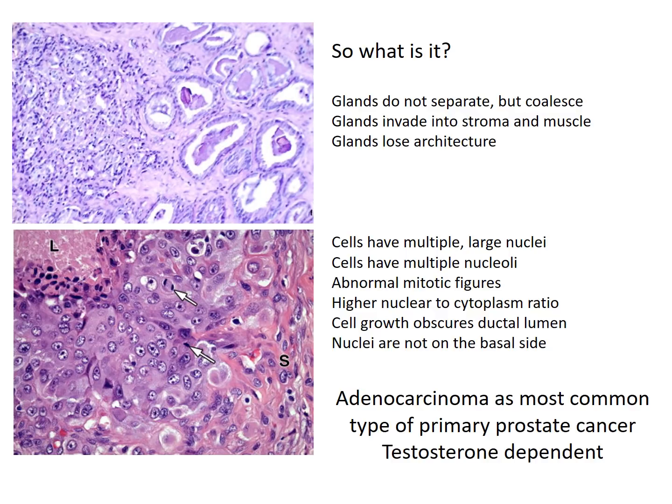There's a couple different forms of prostate cancer, but adenocarcinoma is the most common type of prostate cancer. And like BPH, adenocarcinoma of the prostate is also testosterone dependent, converting to dihydrotestosterone via the enzyme 5-alpha reductase, and that DHT is a major stimulus for these cells to continue to grow and divide.